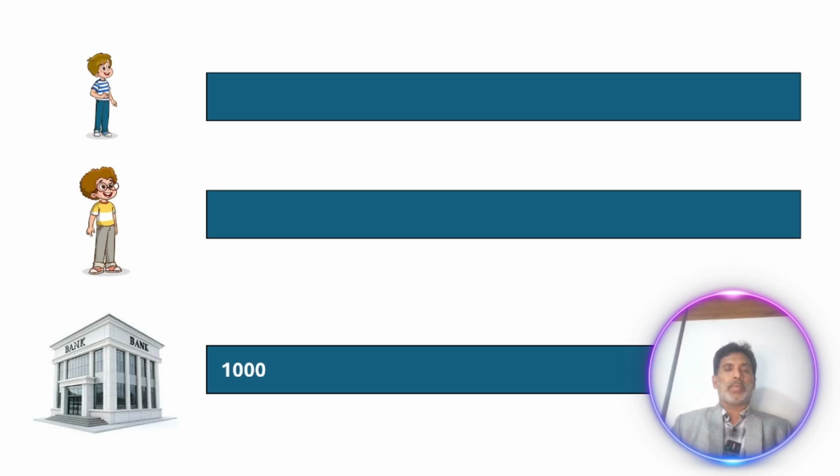Now the two people, you and your friend, both want to do transactions. You want to withdraw 100 rupees from the account, and your friend wants to deposit 100 rupees into this account. This problem looks very simple, right?